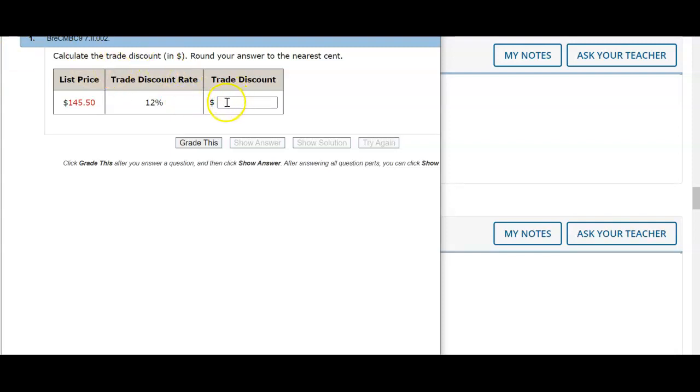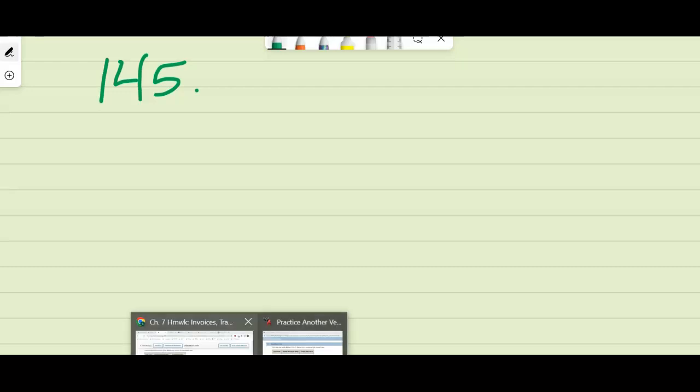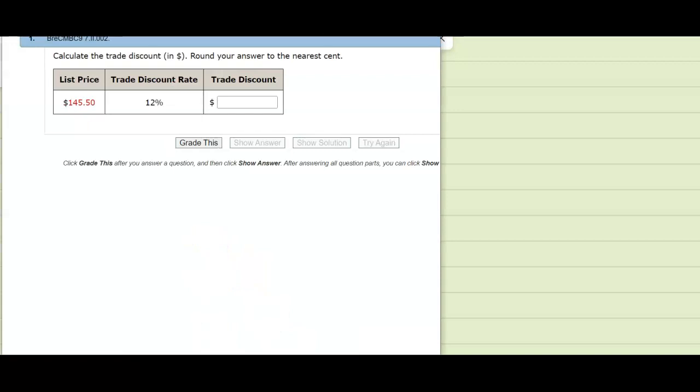So to get your trade discount, you're going to multiply your list price times your discount rate. But remember, your rate is written as a percent, so we have to change that to a decimal. So 145.50 times 12%.